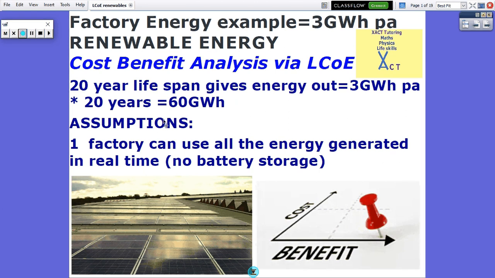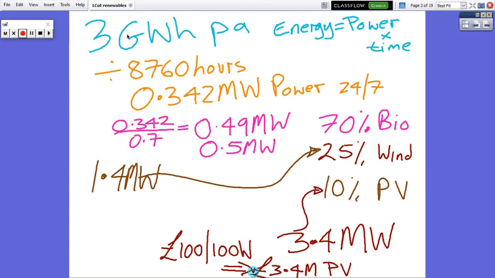The assumption for our analysis is that the factory can use all the energy generated in real time. So there's no battery storage. 3 gigawatt hours per annum energy or electricity demand. Energy is power times time. Number of hours in a year, 8,760 hours.